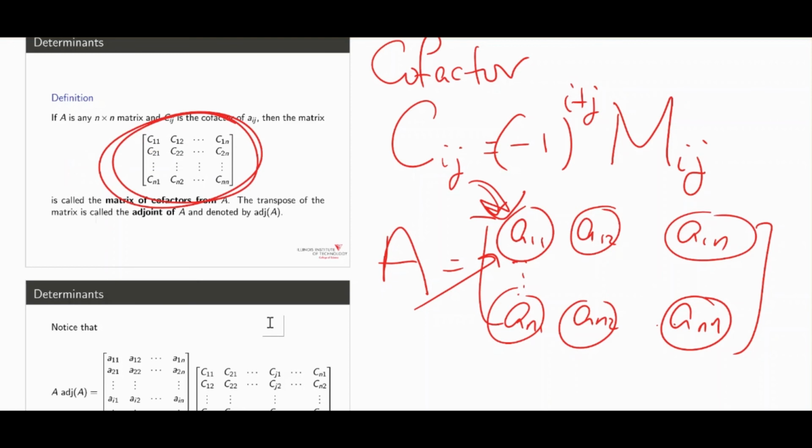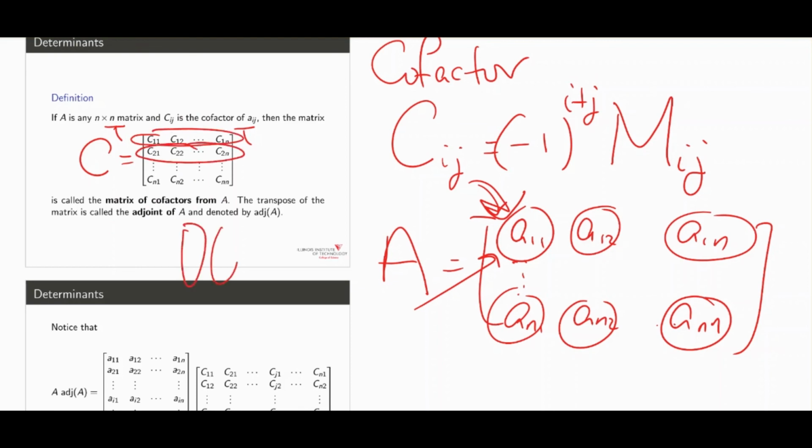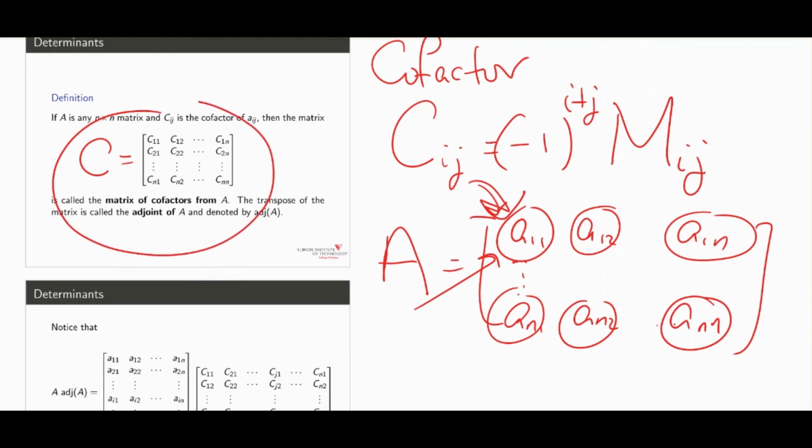Now if you take this cofactor matrix and transpose it, meaning you interchange rows and columns, you take this row and place it as a column, you get C transpose. The transpose of the cofactor matrix is called the adjoint of A. That's the terminology: the cofactor matrix, and then its transpose is called the adjoint of A.